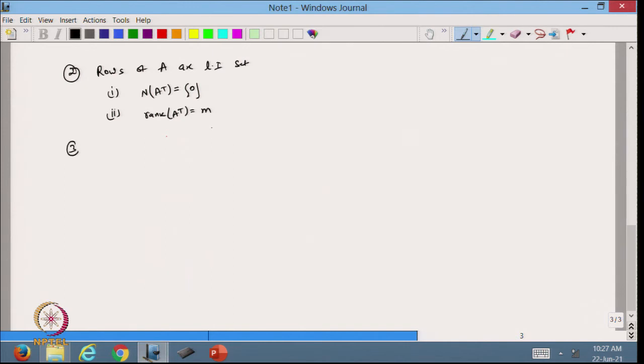Now, the third case is what will happen when the matrix A, M cross N, is a square matrix. A square matrix is when M is equal to N. Then A is non-singular.